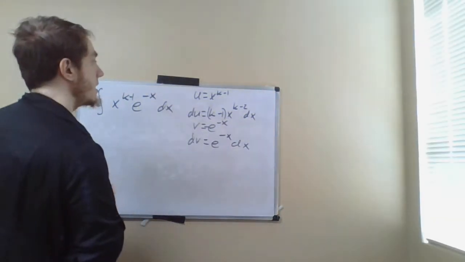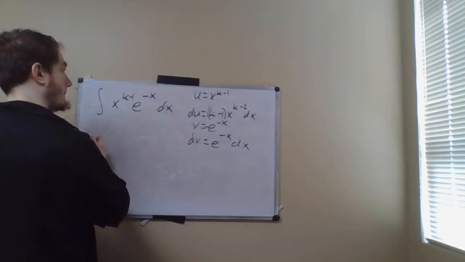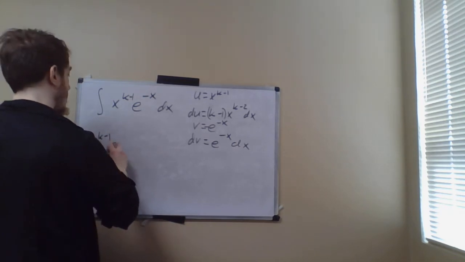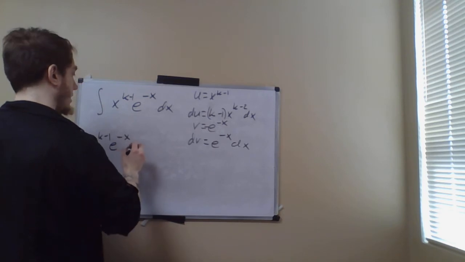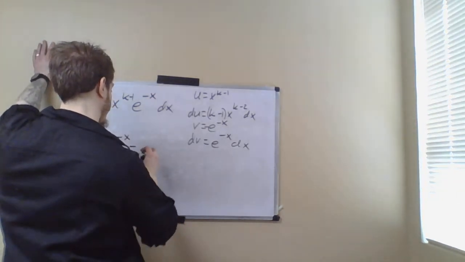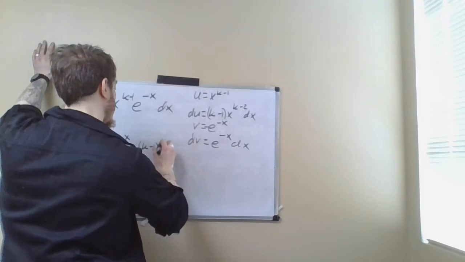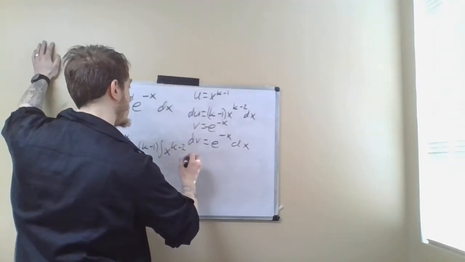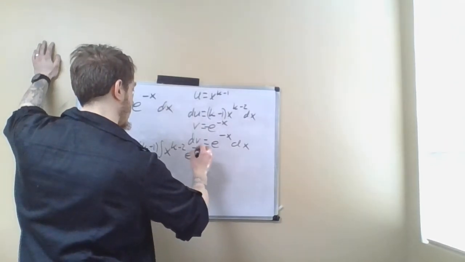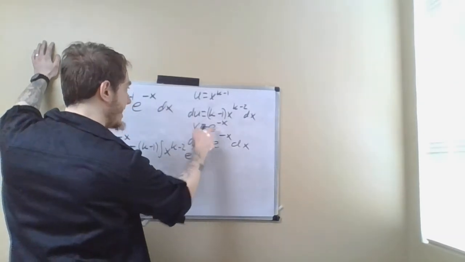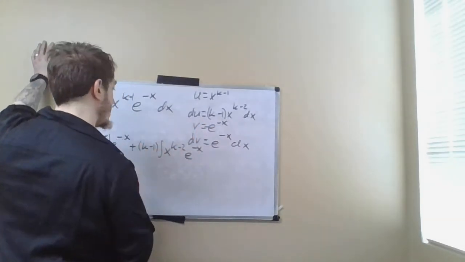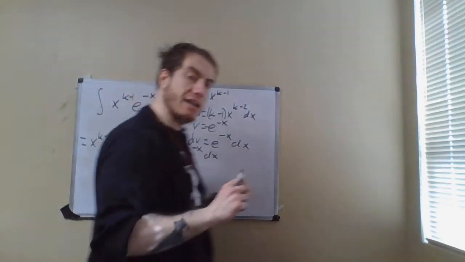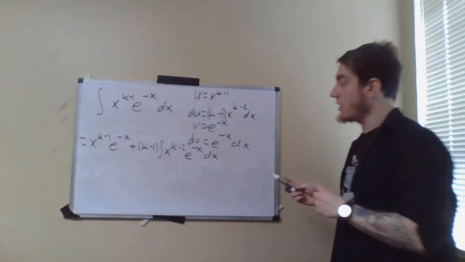So this becomes x to the k minus 1 e to the minus x minus k minus 1 times the integral of x to the k minus 2 e to the minus x, except this is actually negative e to the minus x, and so this just becomes a plus with a dx. So the minus signs cancel each other to give me a plus here.